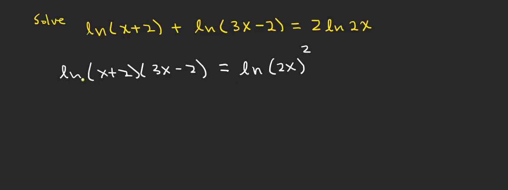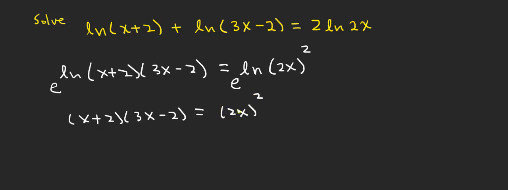Now this side is a natural log, and that side is not. So what you could do is exponentiate both sides. You're going to get quantity x plus 2 times 3x minus 2 equals quantity 2x squared. Now we just need to solve for x. So let's multiply this.